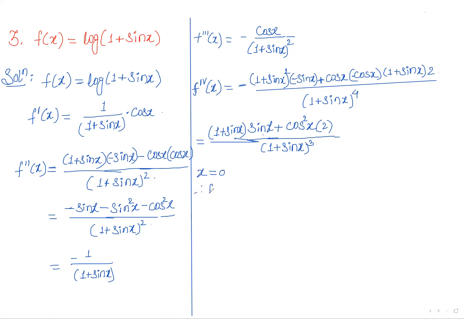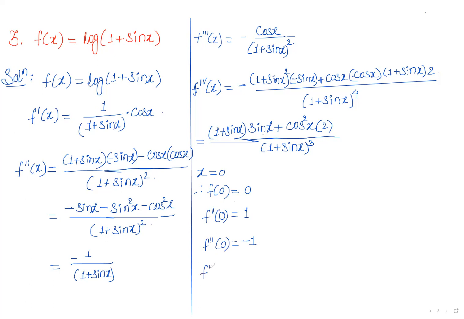Therefore, f of 0 is equal to log of 1 plus sin 0, which is log 1, that is 0. First derivative at 0 is 1. Second derivative is minus 1.